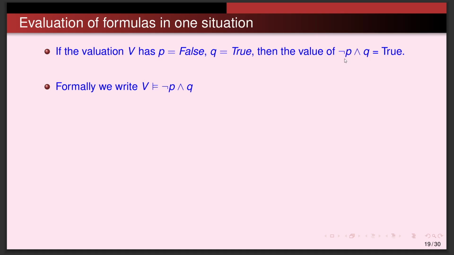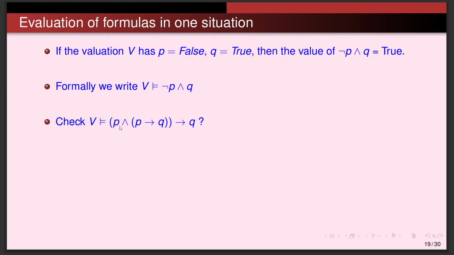If p is true, then not p is false and q is true, or if p is false, not p is going to be true, q is true, and the whole expression will evaluate to be true.